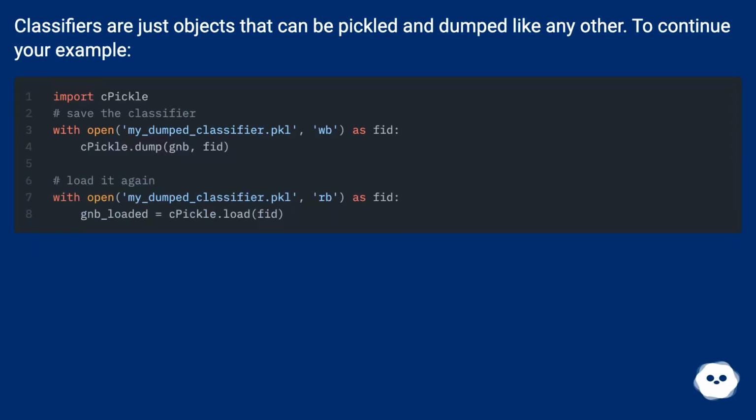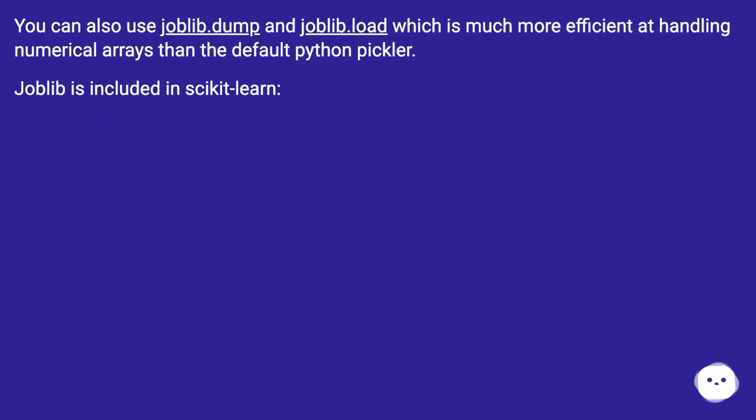Classifiers are just objects that can be pickled and dumped like any other. To continue your example, you can also use joblib.dump and joblib.load, which is much more efficient at handling numerical arrays than the default Python pickler.